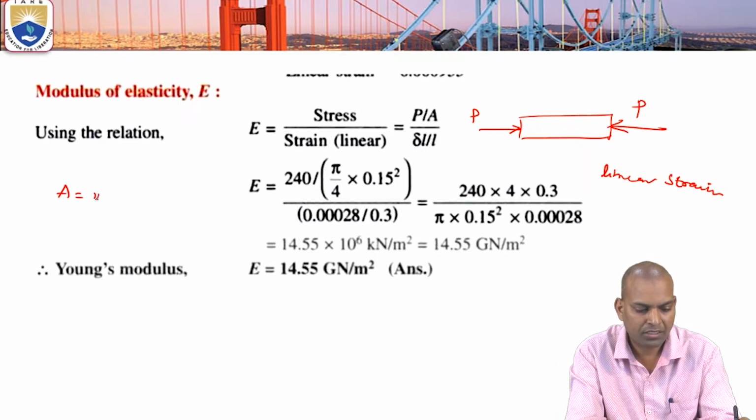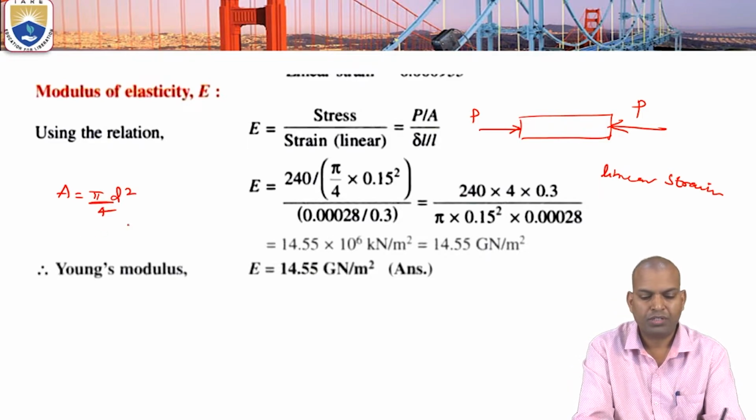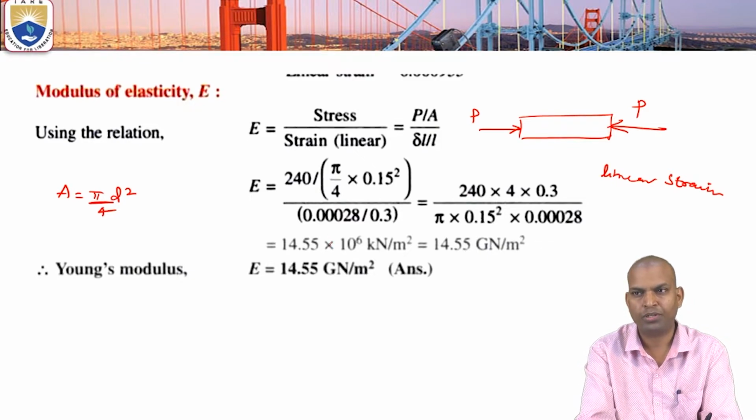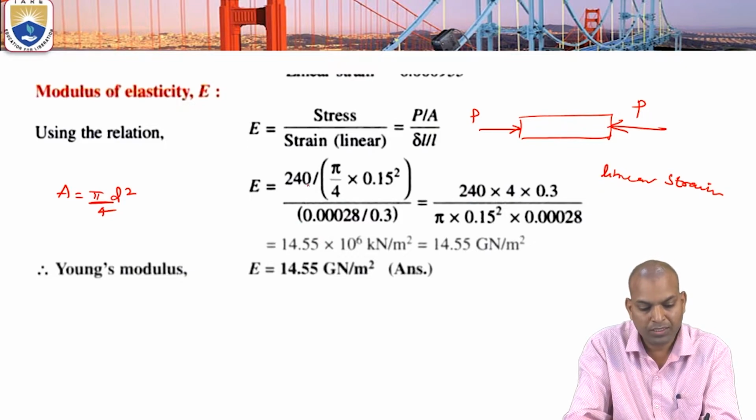A is the area of cross section, pi d square by 4. Then substitute pi by 4 into d square. What is d? 150 millimeters, that is 0.15 meters. So 240 by pi by 4 times 0.15 square.